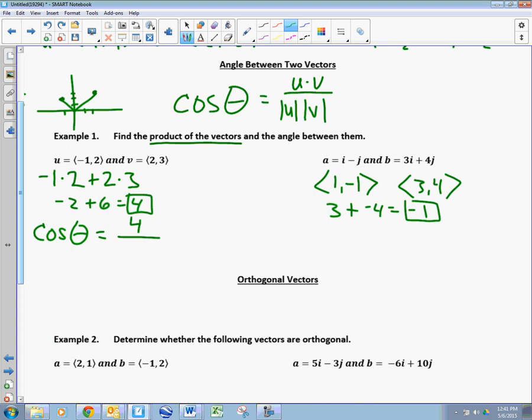What's a squared? 1, b squared, 4, added together, root of 5. Magnitude of V, a squared, 4, b squared, 9, added together, 13. So you get 4 over the root of 65.